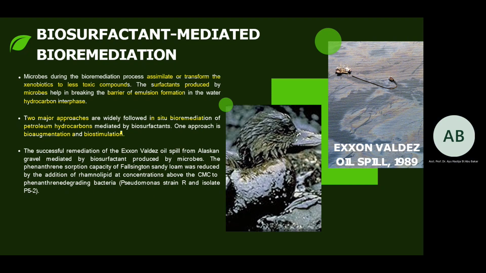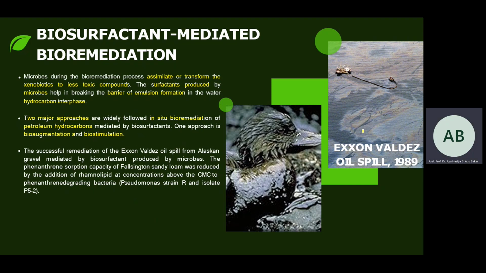Either keep feeding them with nutrient, adding nutrient, or adding oxygen, or adding extra substrate to stimulate the growth of the microbes in order for them to produce the surfactants. Okay, so the 2 major approaches are the bioaugmentation and the biostimulation.